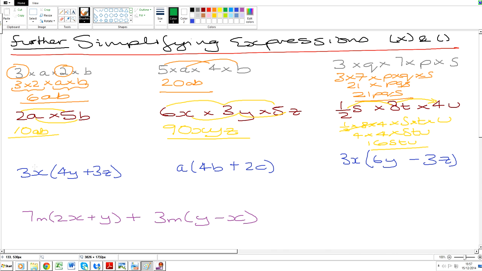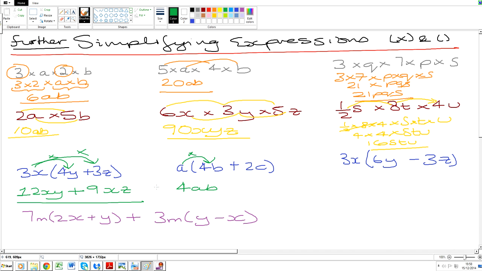Now, on this next level, we are going to be multiplying out brackets. Rather than seeing it in a line, the brackets mean we have to multiply; it's called expanding the brackets. So 3x times 4y is not any different from what we just did on the previous line. 3 times 4 is 12xy. And 3x times plus 3z will give you plus 9xz. A times 4b will give you 4ab.